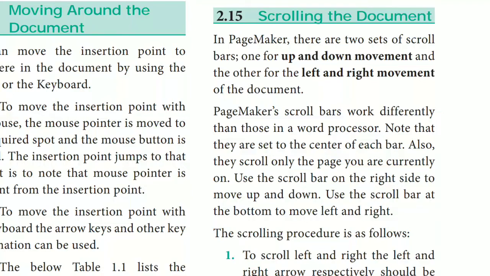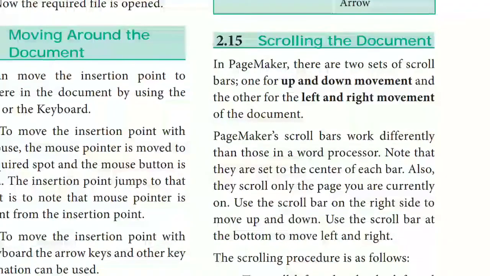One is for up and down movement and another is for left and right movement of the document. The PageMaker scroll bars work differently than those in a word processor.